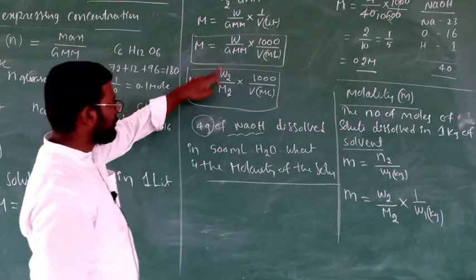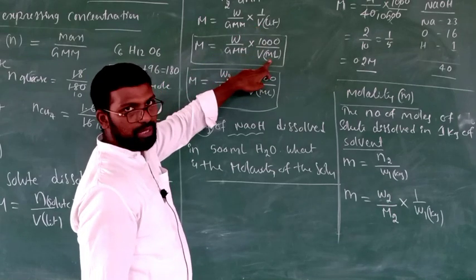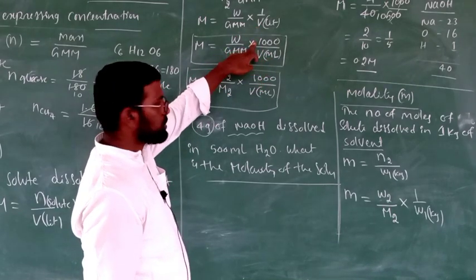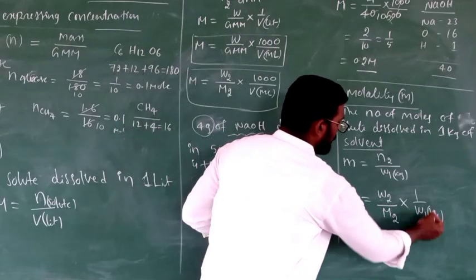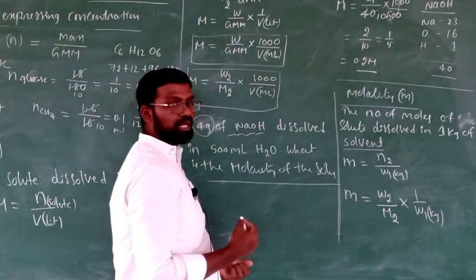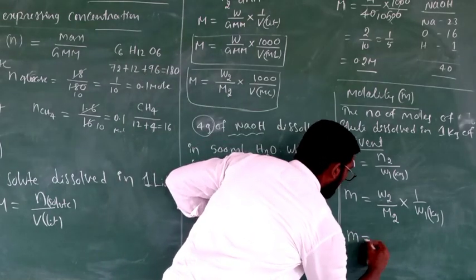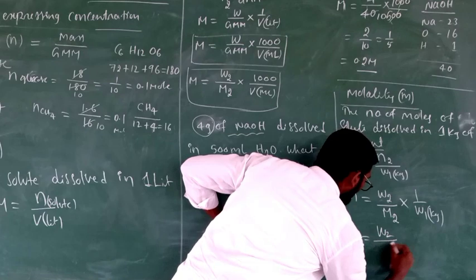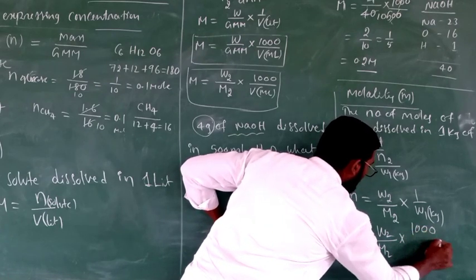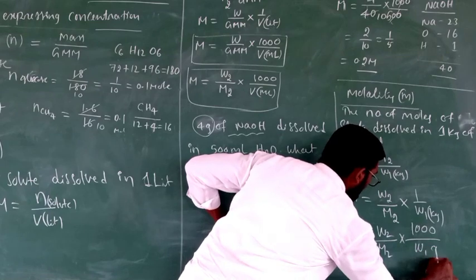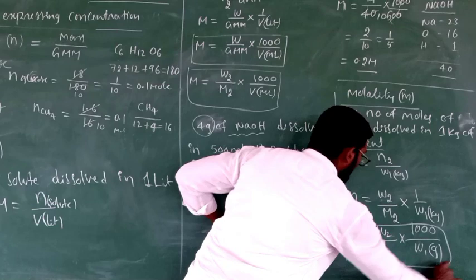Next, in case of molarity, instead of liters, if you want to write in milliliters, we have used 1000 in the numerator. So similarly, instead of kilograms, if you want to write this formula in terms of grams, then this formula changes to molality is equal to mass of the solute by gram molar mass of the solute into 1000 by W1 in grams. W1 means mass of the solvent in grams, right?